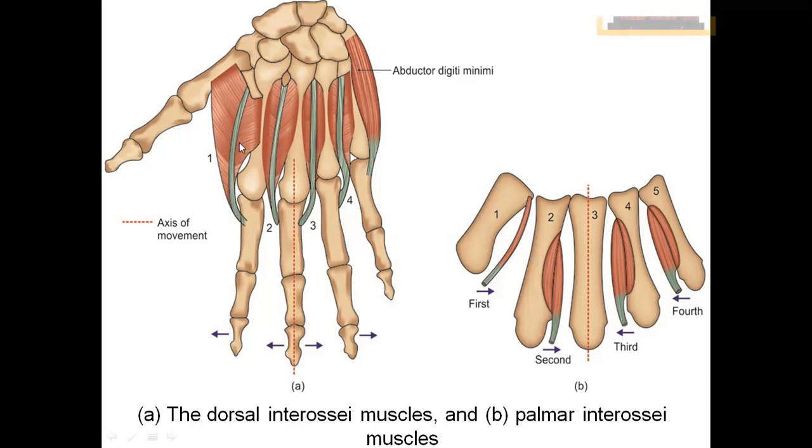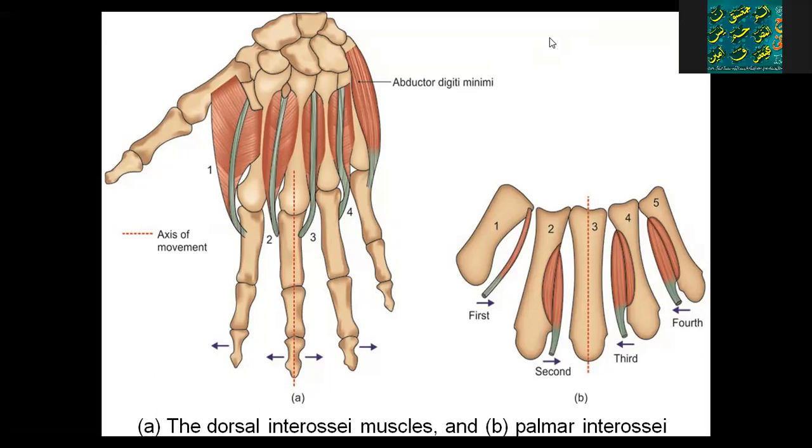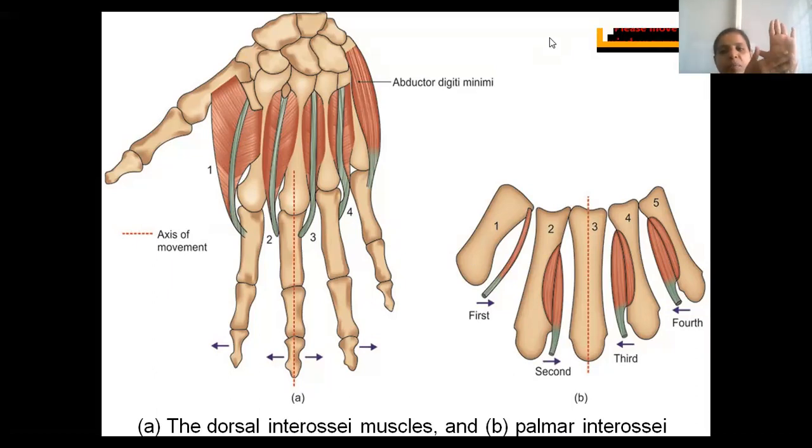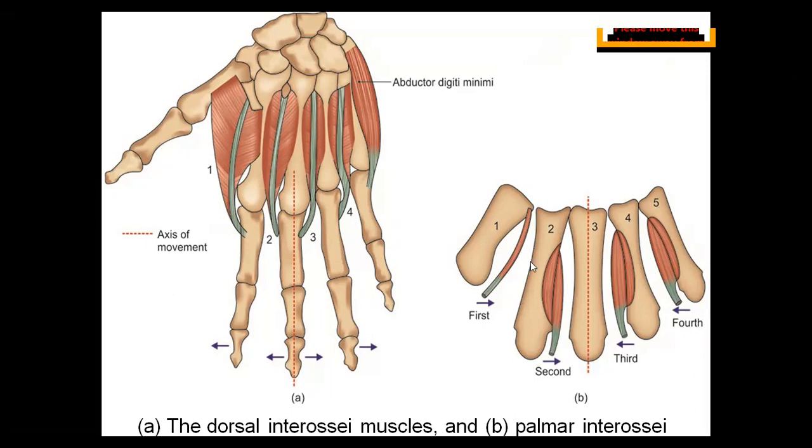And if you see from behind, from the dorsum of the hand, you name them as dorsal interosseous. From the palmar aspect of the hand, we name them as the palmar interosseous. Okay. So these are the palmar interosseous. These are the dorsal interosseous muscles.